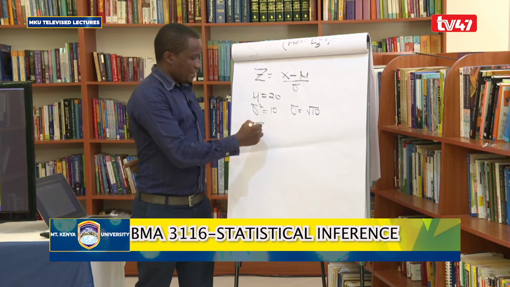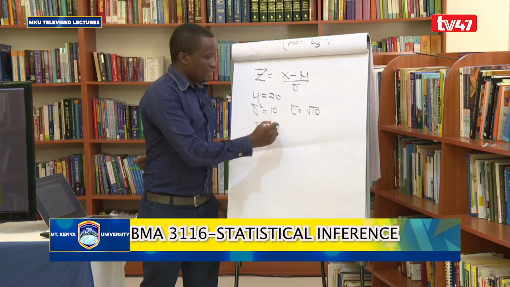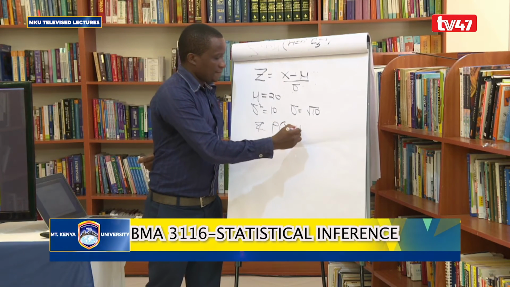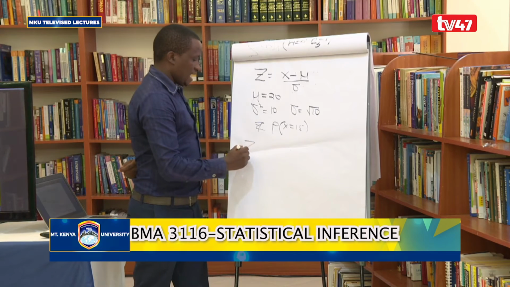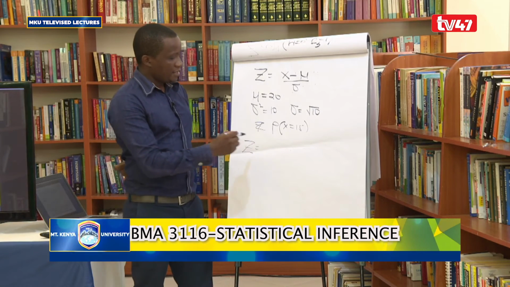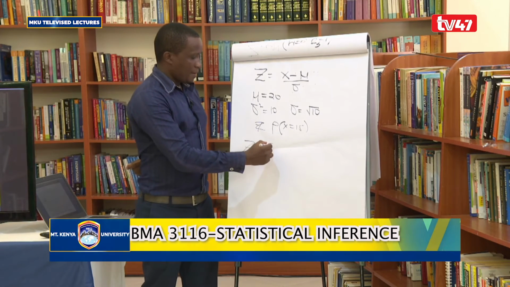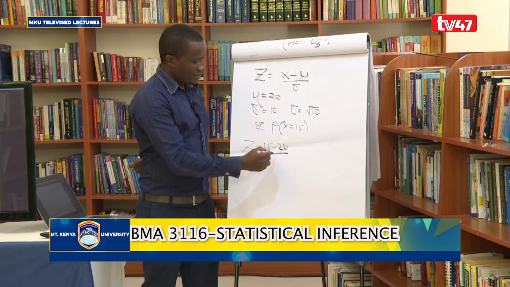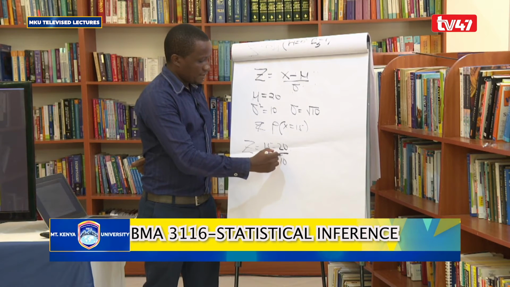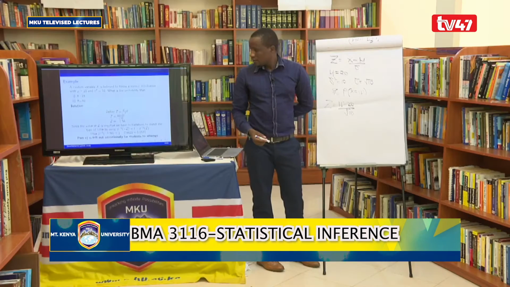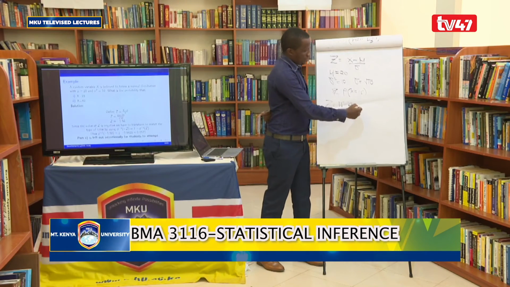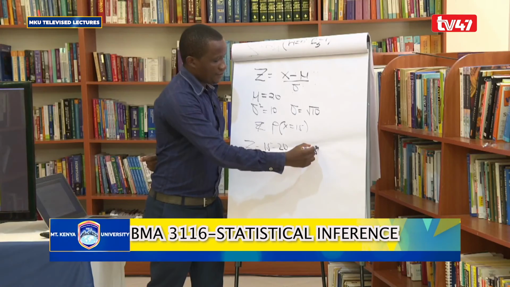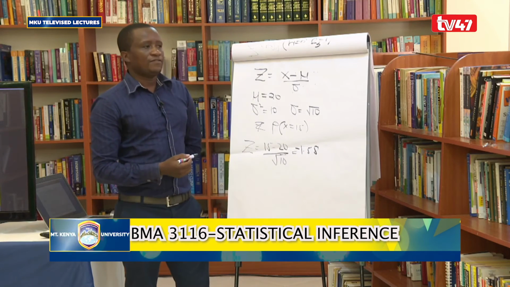Now, z, therefore, if we want the probability that x is 15, then the value of z will be given by 15 minus 20 divided by square root of 10, which gives us 1.58, but with a negative value.